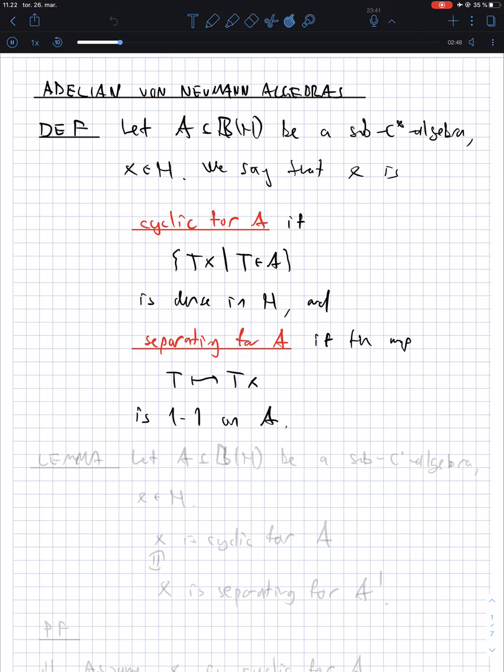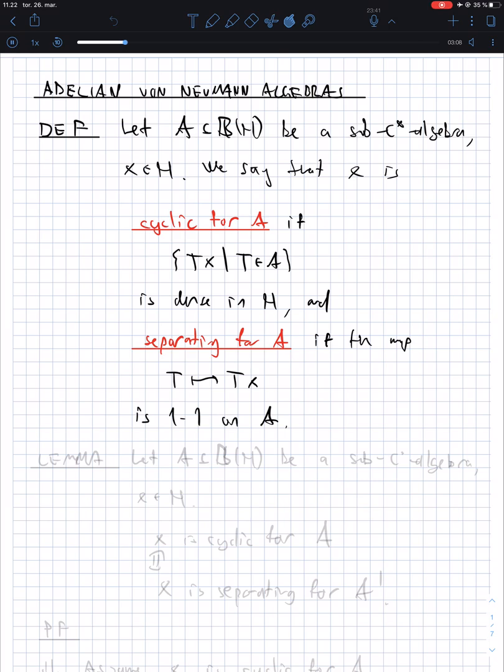So the map that sends T to Tx is going to be injective, right? So that means that if you have two operators in A and they act in the exact same way on X, it's because they are the same.